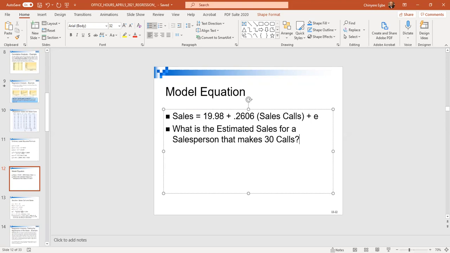So the estimate for 30 calls: sales for 30 calls will be equal to 19.98 plus 0.2606 times 30. And what does that give you?